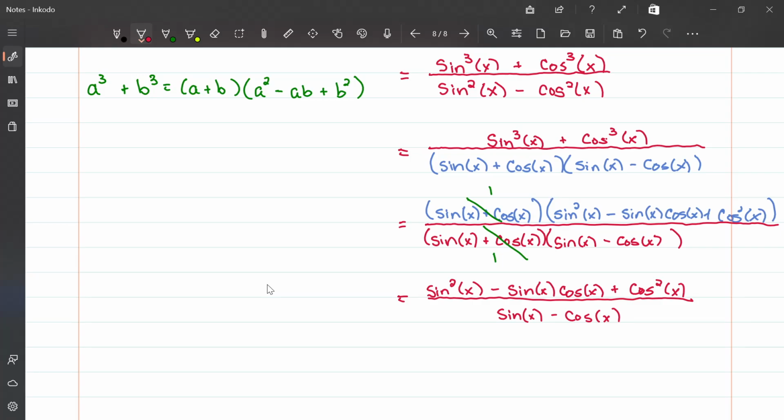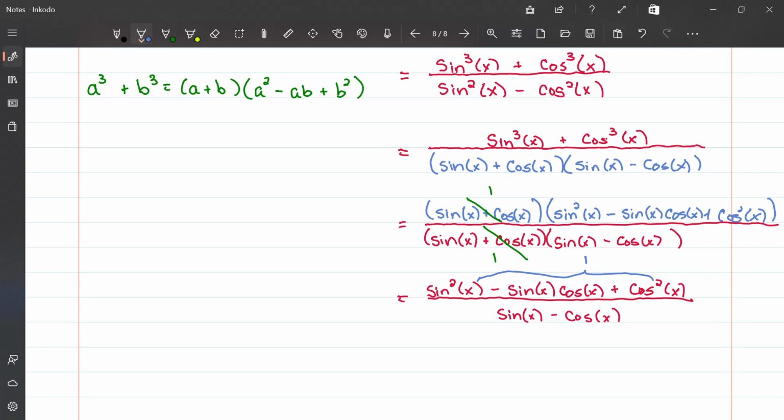The next thing I'm going to do is make an observation. As I'm looking at the fraction here in front of me, I notice that the top contains sine squared and cosine squared, and they are being added together. The middle term's being subtracted, but I'm adding sine squared and cosine squared, so that tells me that I can use the Pythagorean identity again and combine them to get 1.